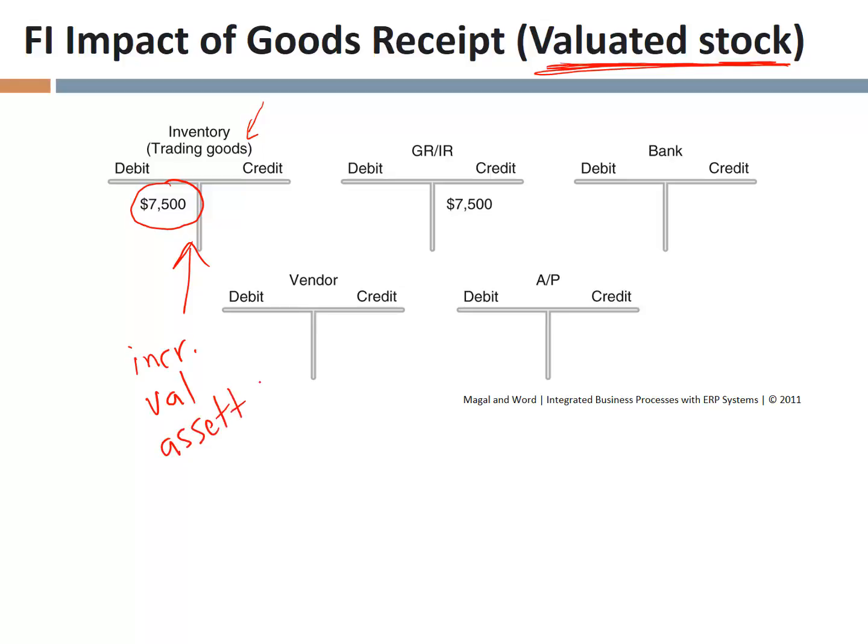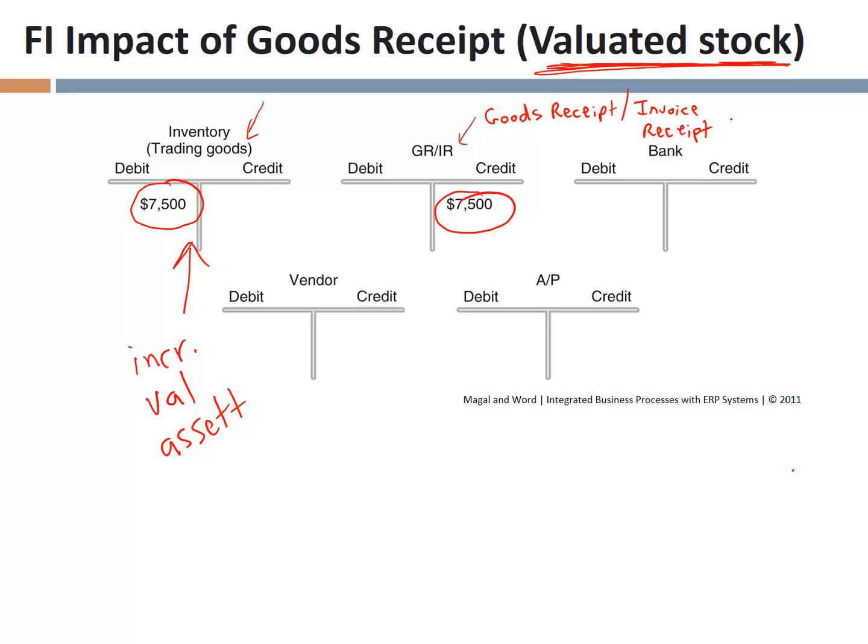So the offsetting credit is to an account we have not talked about before, the GRIR account, which stands for goods receipt / invoice receipt.